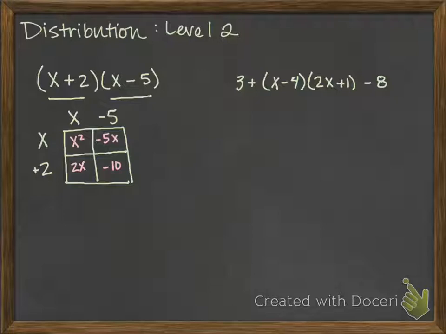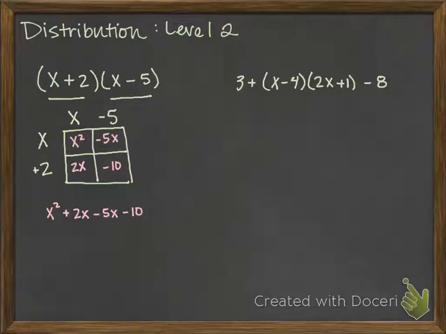So our final answer comes from us adding together all of the terms inside of our generic rectangle. So we are adding x squared plus 2x plus negative 5x, which I can also write as minus 5x, and then plus negative 10, which I can also write as minus 10.